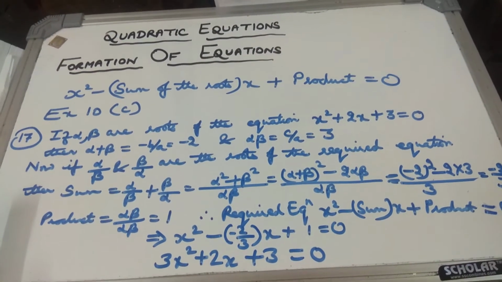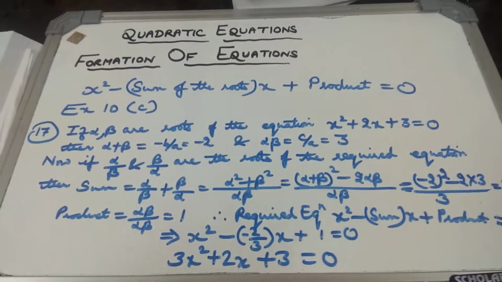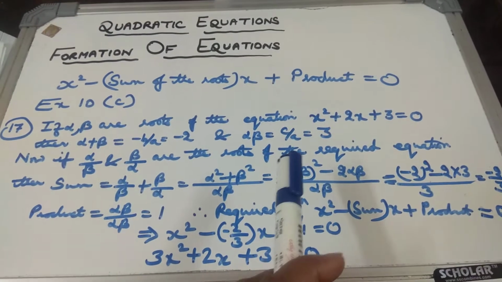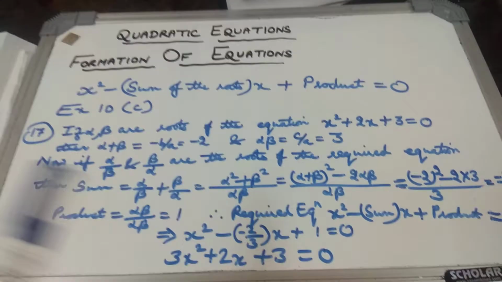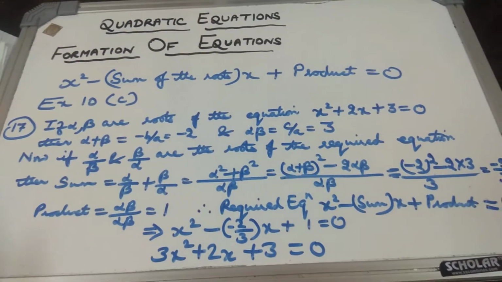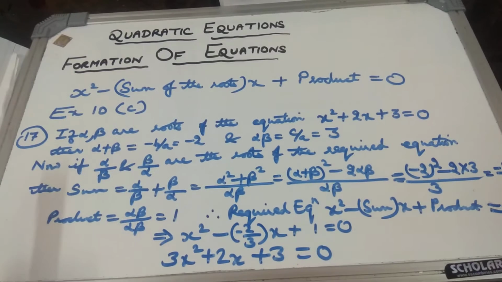Hence it is equal to minus b by a, that is equal to minus 2. And the product of the roots alpha beta is equal to c upon a, that will be equal to 3. Now you know the value of alpha plus beta as well as alpha beta.